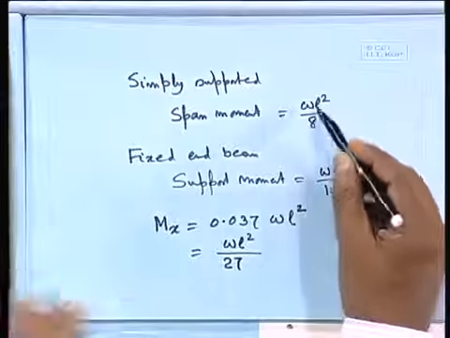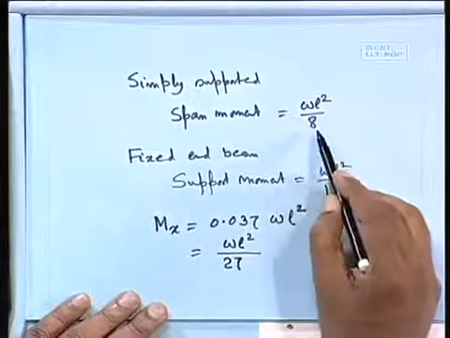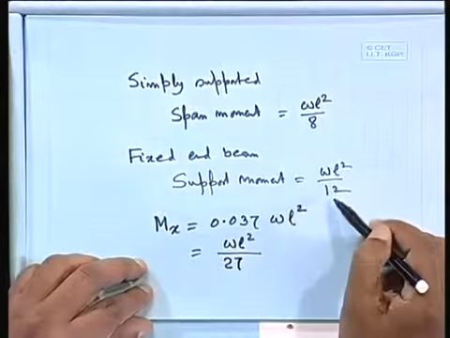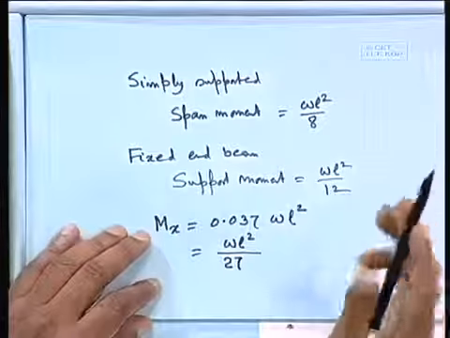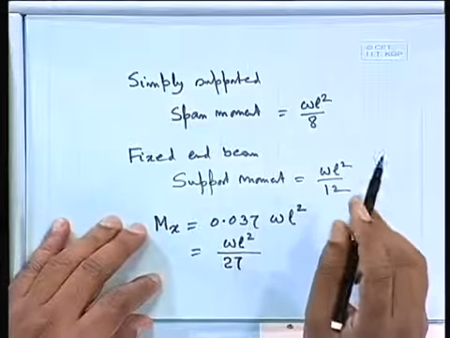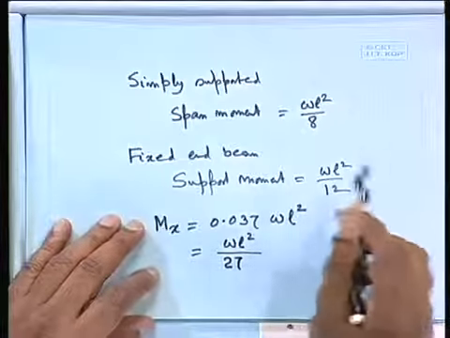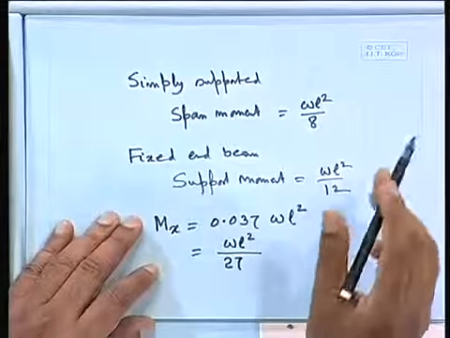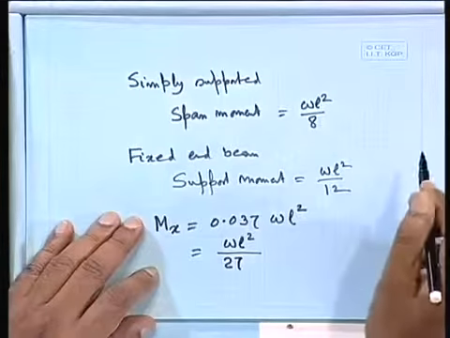What I mean to say, the value whatever you are getting, you can compare your numerical values since you are familiar with this, say WL square by 8 or WL square by 12 or WL square by 24 or WL square by 9 or the other one that we have mentioned, that table 12 and table 13, that table 12 of IS 456 where it is given different values in that fashion, 1 by 8, 1 by 12, 1 by 10 like that.